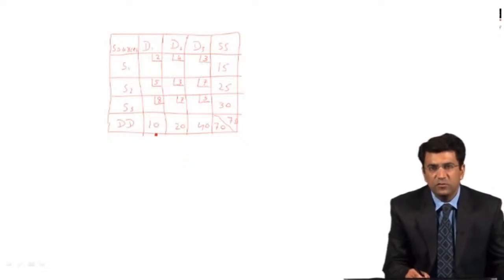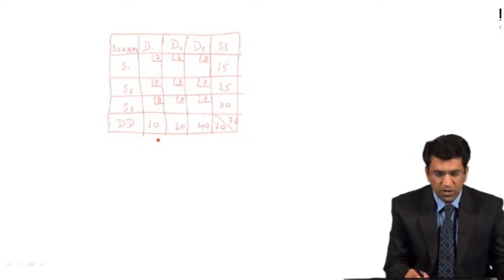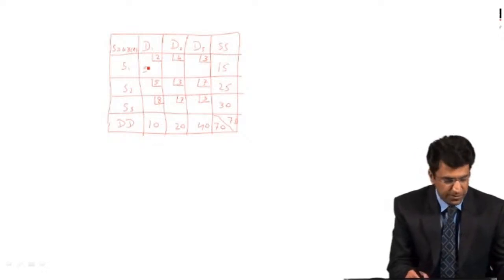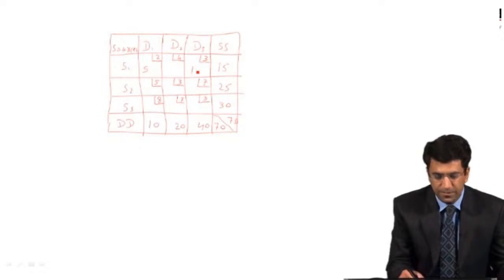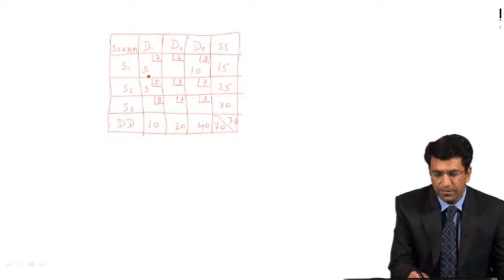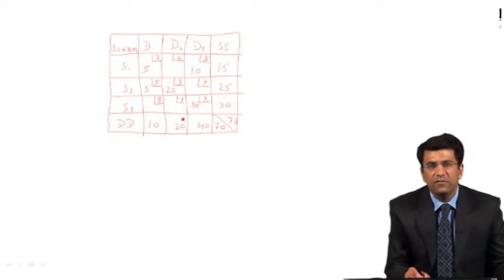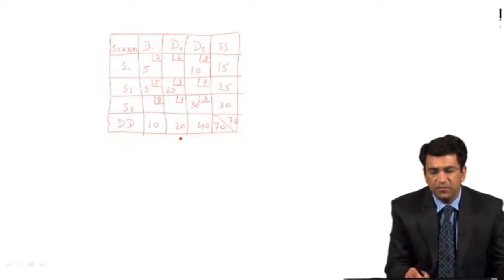Now we'll have to write down the values by incorporating theta in the loop. So our new table will become 5 here, there will be 10 here, and 5 here, then 20 here, then 30 here. So what we have done, we have incorporated the value of theta in that particular loop, and all the other values other than that loop will remain same. So this is our final table.